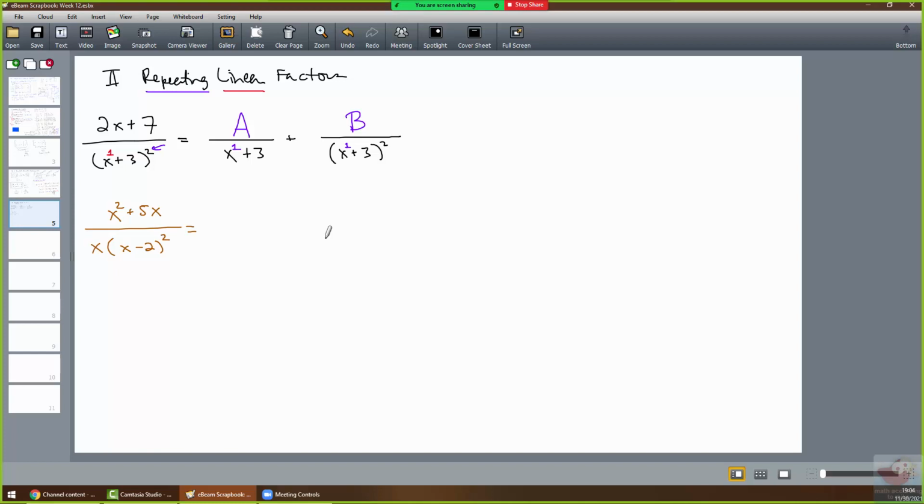As a matter of contrast, how many fractions would we need for this problem? Would it be 3? It would be 3. Very good. Because notice, this is a 1 here, and that's a 2. So the first denominator will just be an x, and the next 2 denominators come from the x minus 2, where we count up to the 2. So x minus 2 and x minus 2 squared.